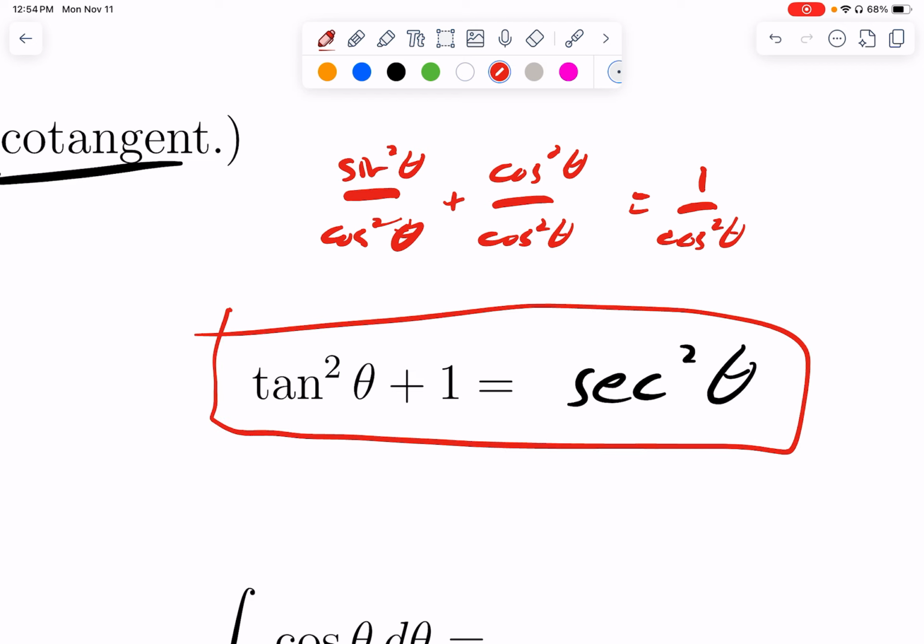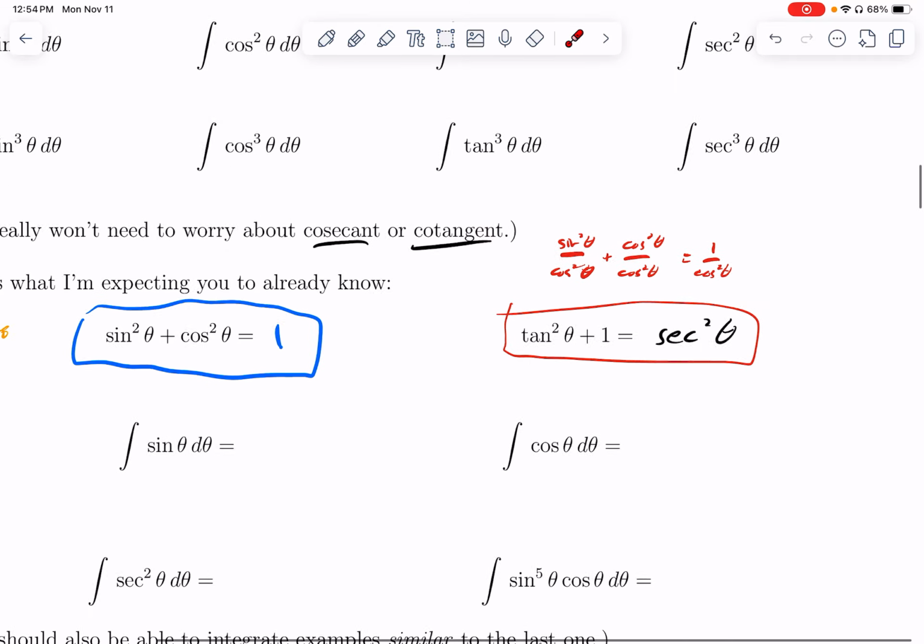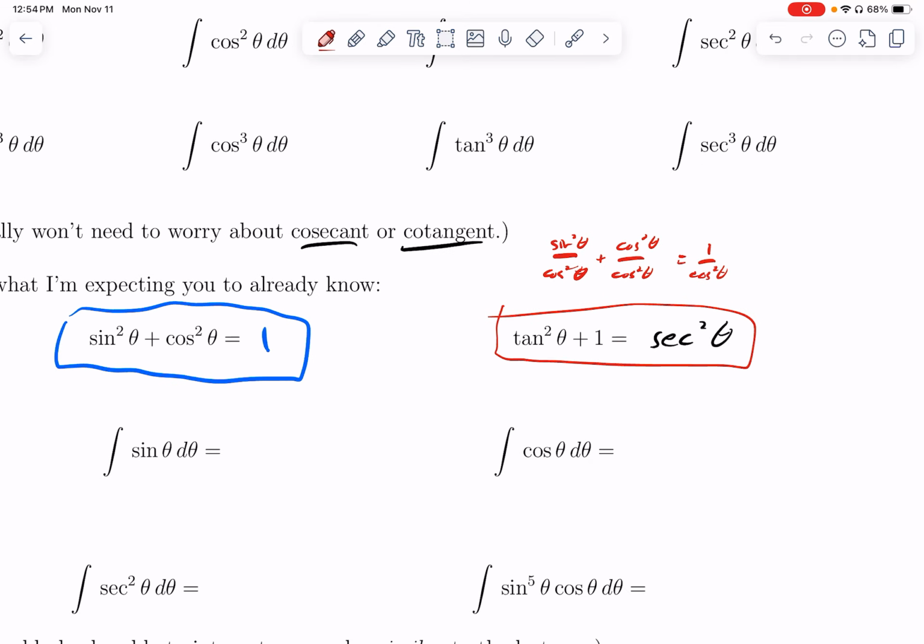Cosine squared over cosine squared is 1. And then 1 over cosine squared is secant squared. You don't have to have this one memorized if you just want to recover it whenever you need it. What you do want to realize, of course, is the same idea. That expressions with a tangent squared and expressions with a secant squared, we can rewrite them, perhaps, to make one more convenient than the other. Remember that fact, and then you can probably recover how do I use the identity.